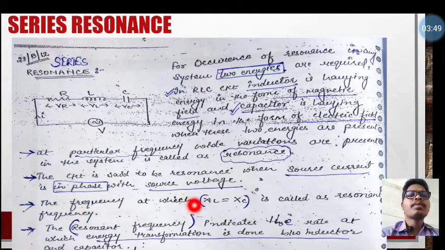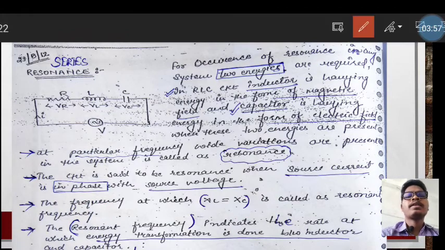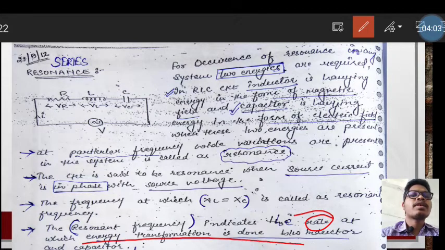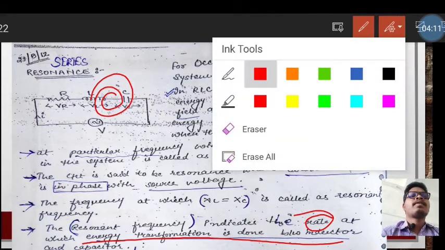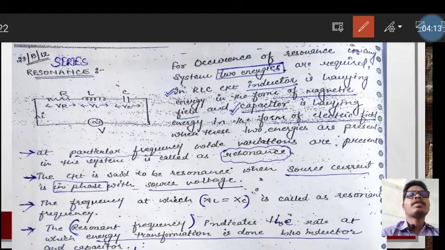The frequency at which XL is equal to XC is the resonance frequency, and it predicates the rate at which energy is transferred between the inductor and capacitor. Energy is transferred between the inductance and capacitance. Is it clear to you? If not, ask me in the comment section and I will clarify your doubt.